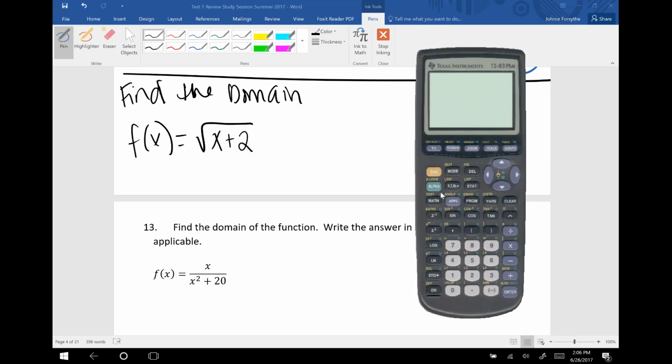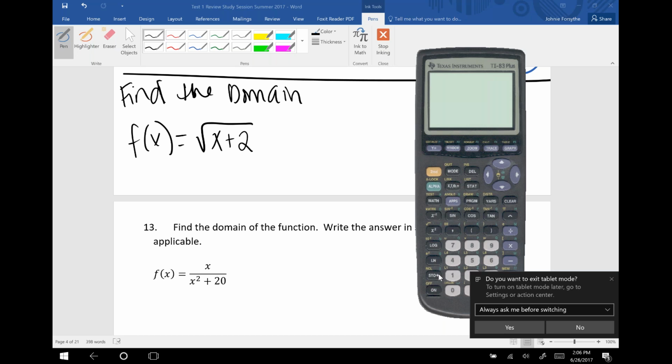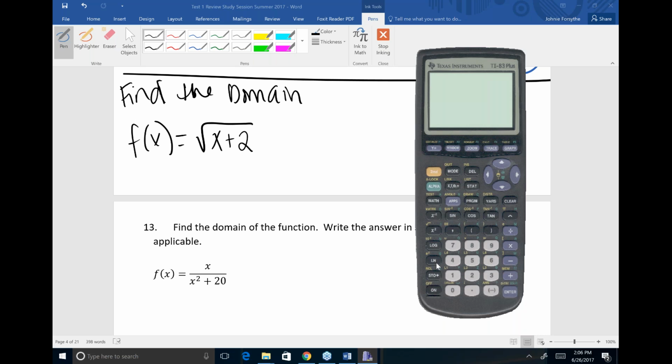If I were to do the square root of 4, the square root of 4 is of course what? 2. It's all good, we know that.